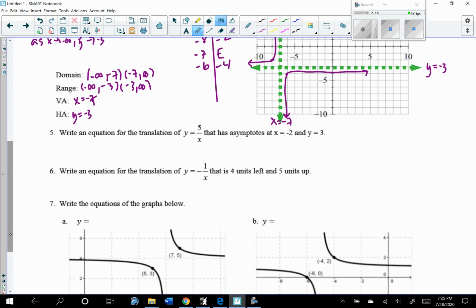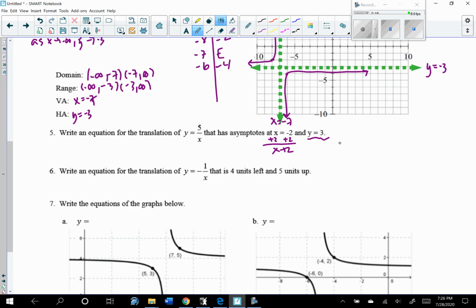Looking at number 5, it says write an equation for the translation of y equals 5 over x that has asymptotes at x equals -2 and y equals 3. So we know this is the number on the outside, and we know this helps us determine what's in our denominator. So if I make this equal to 0, that's going to tell me what I'm going to be putting underneath here. So to make this equal to 0, I'm going to add the 2. So I get x plus 2.